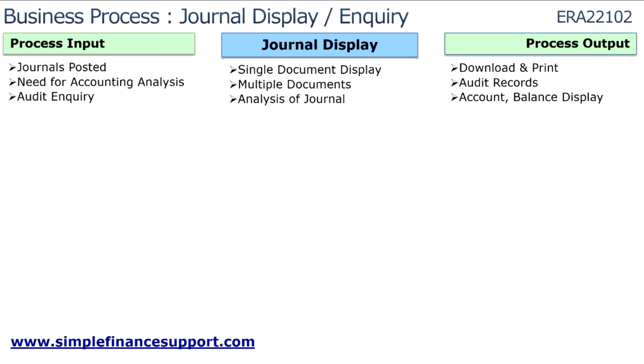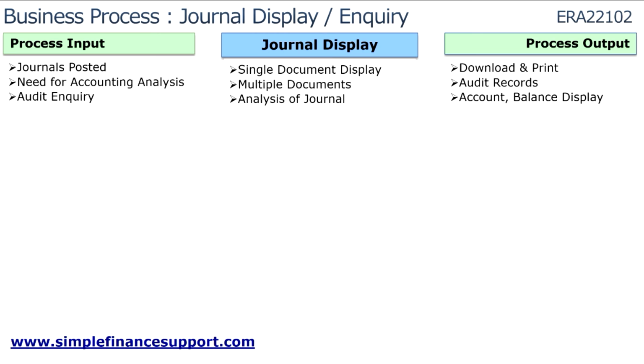In this case, from the process input point of view, once the accounting journal is posted, or an invoice is posted to a customer or vendor, or if any fixed asset is capitalized, that information is ready for displaying the document. Also, sometimes if you need accounting analysis, that is a process input, and then you go and execute this business process.